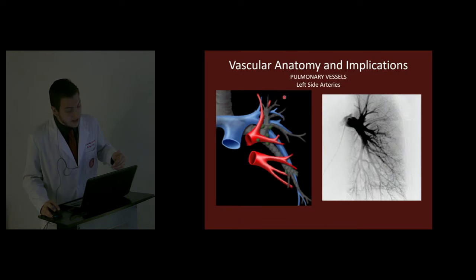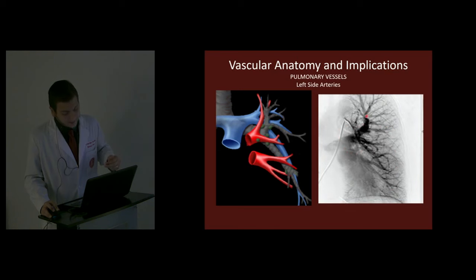Seen here, and on the left side, it shows the artery curving over the ipsilateral mainstem bronchus and its branches. And it shows how the left-sided pulmonary artery goes over the left-sided bronchus. It is shown here in this digital angiography, and in its venous phase, you can observe both pulmonary veins.